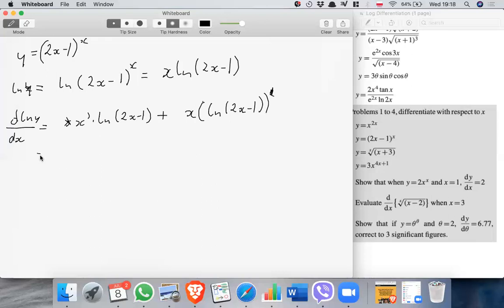So doing this, from the first expression, that's just ln of 2x minus 1, plus x multiplied by the derivative of ln of 2x minus 1. So that will be 2 above the line, and below the line we're ending up with 2x minus 1.